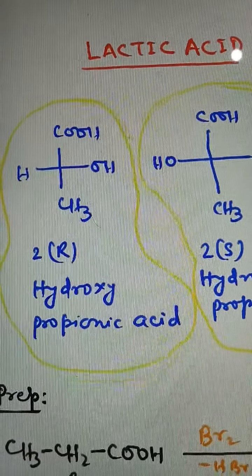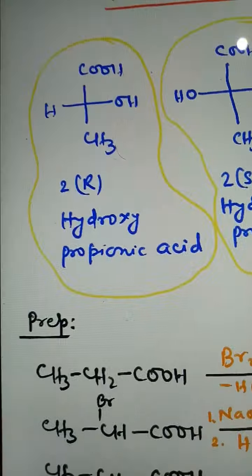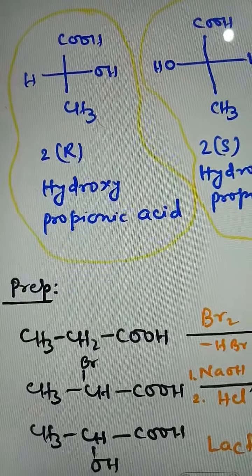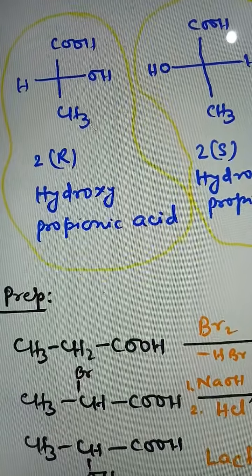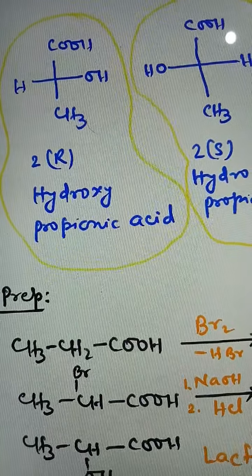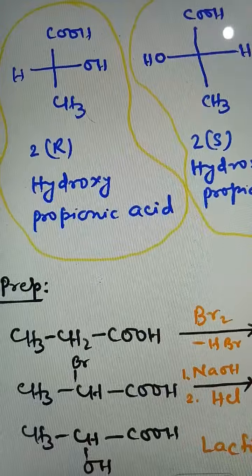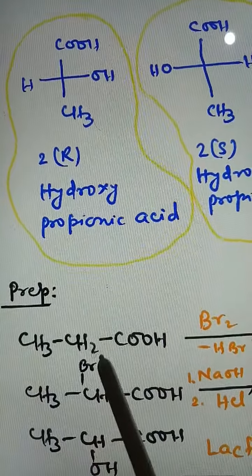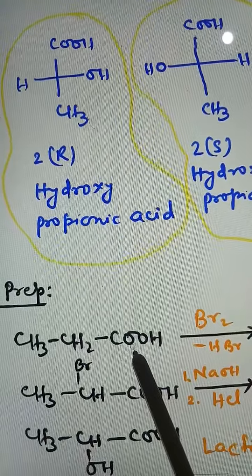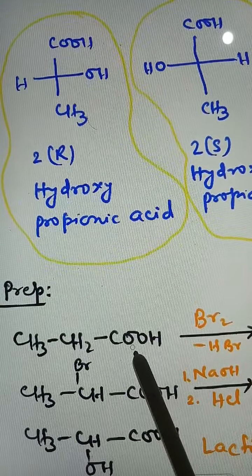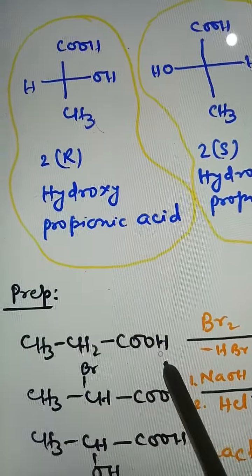Come to the preparation method. It is prepared by brominating propanoic acid. This is CH3CH2COOH, propanoic acid, and hydrolyzing the resulting 2-bromopropanoic acid.